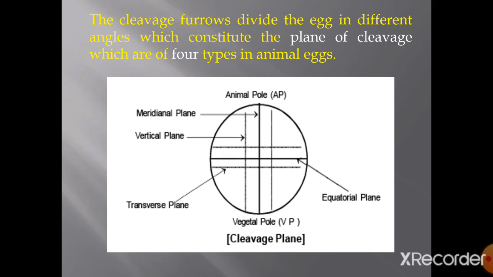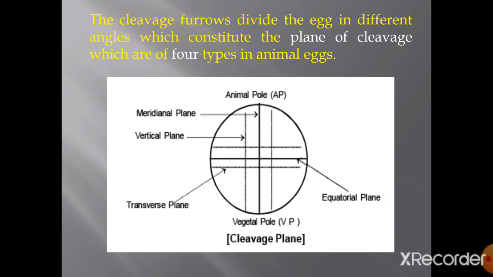Then on either side of this dark line, you can see two parallel lines. They do not pass through the center, and these planes are called vertical planes. So meridional plane is the one which passes through the center of the egg. Vertical plane is the one which doesn't pass through the center, but it is parallel to the meridional plane. Then, apart from these three lines, horizontally you can see three more lines.